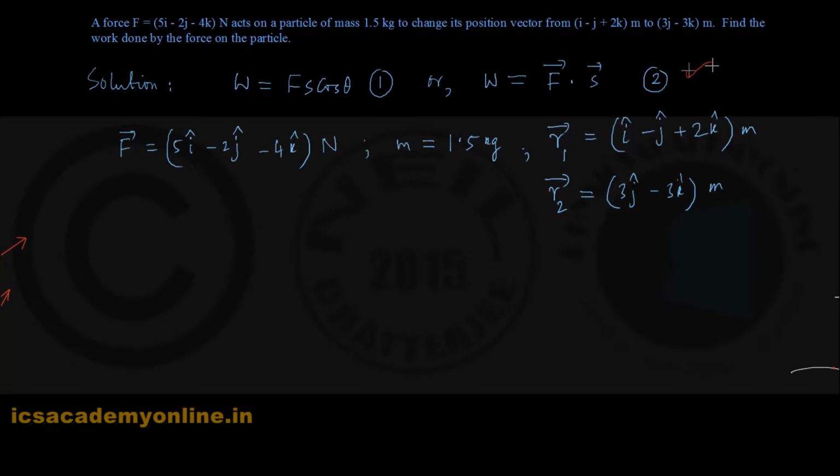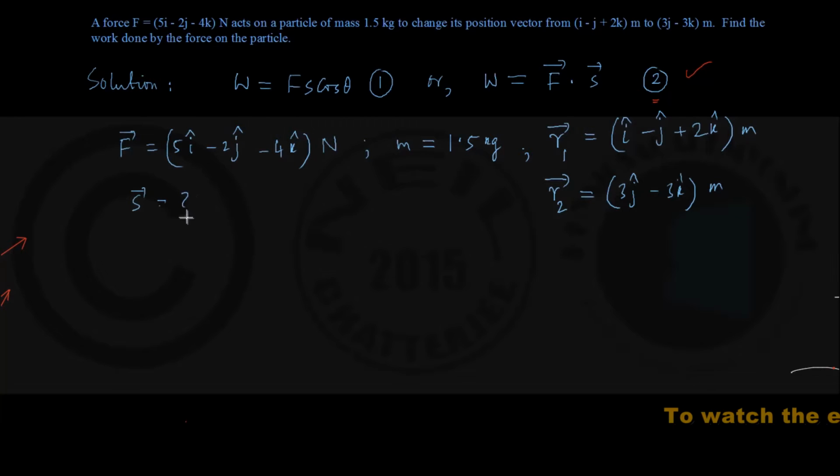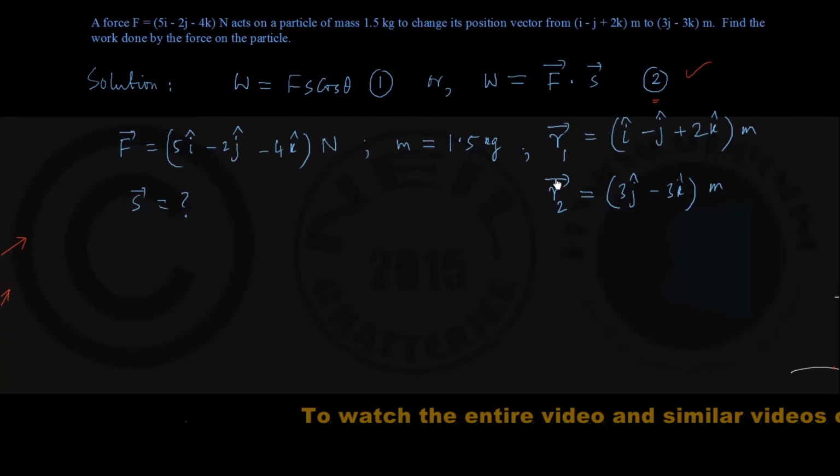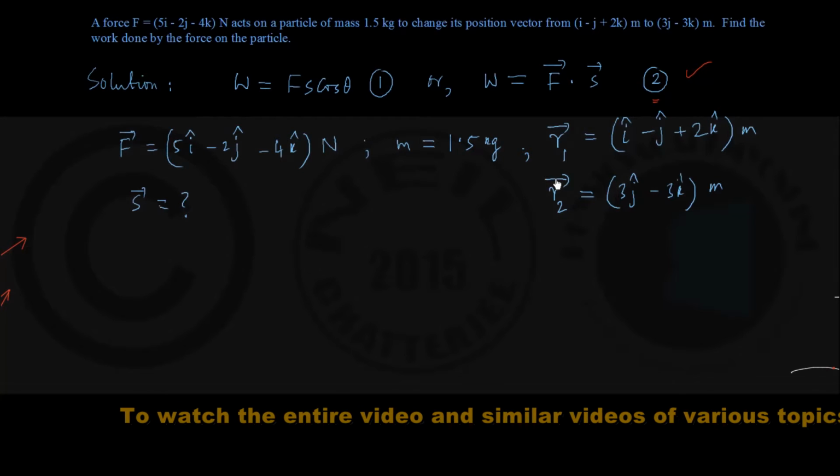This is the formula: W is equal to F dot S. F already is known. This is given here. But what about displacement? That displacement is of course S, and we have to find it from this question. We have only been given the position vectors, initial and final, and let us recollect why we can apply vector algebra to get this displacement S here.